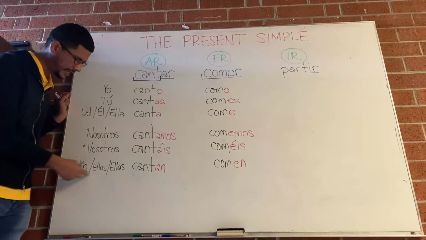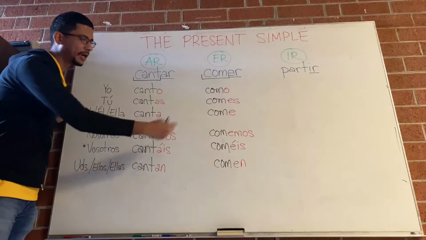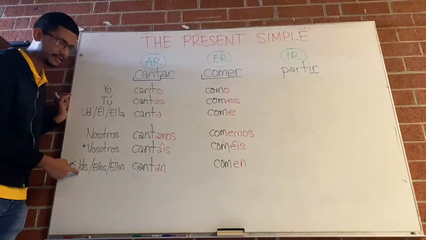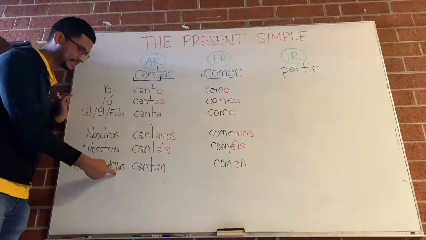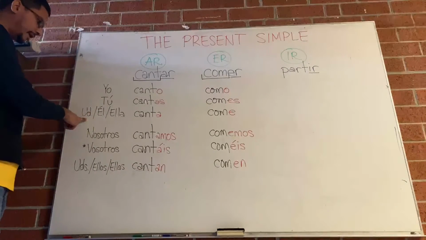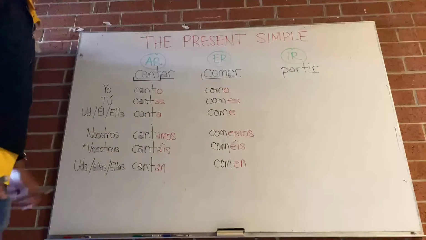I put these 3 here. They don't mean the same. They just have the same conjugation, so that's why they are on the same line. But ustedes is y'all, ellos is they for male, and ellas is they for female, right? The same here. This is you formal, this is he, and this is she. But the conjugation is the same.